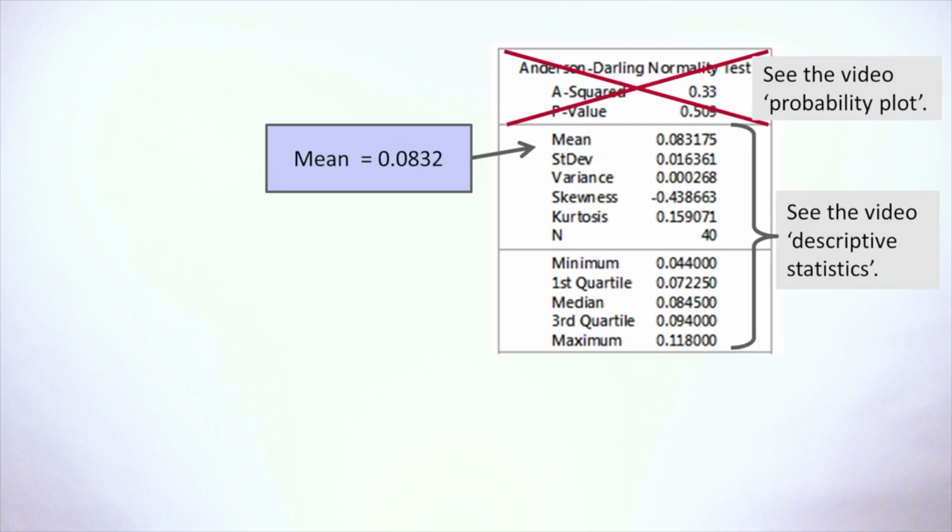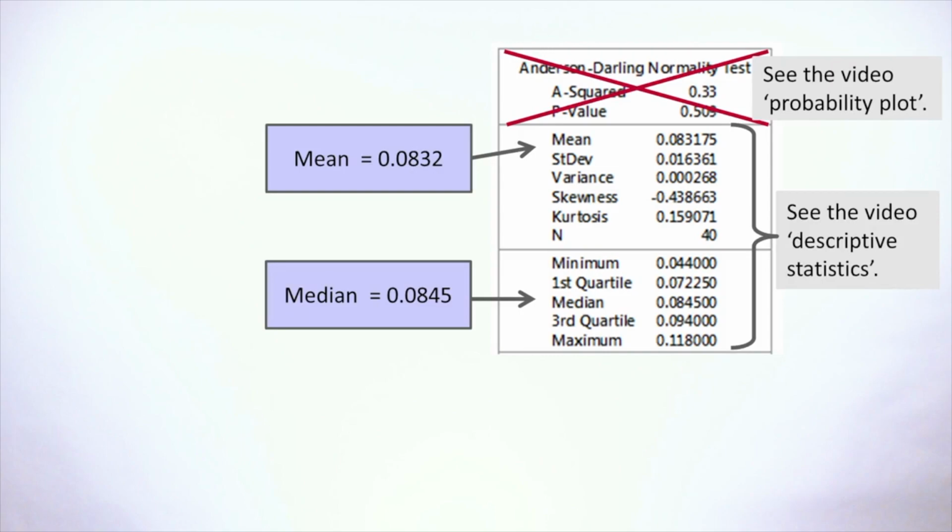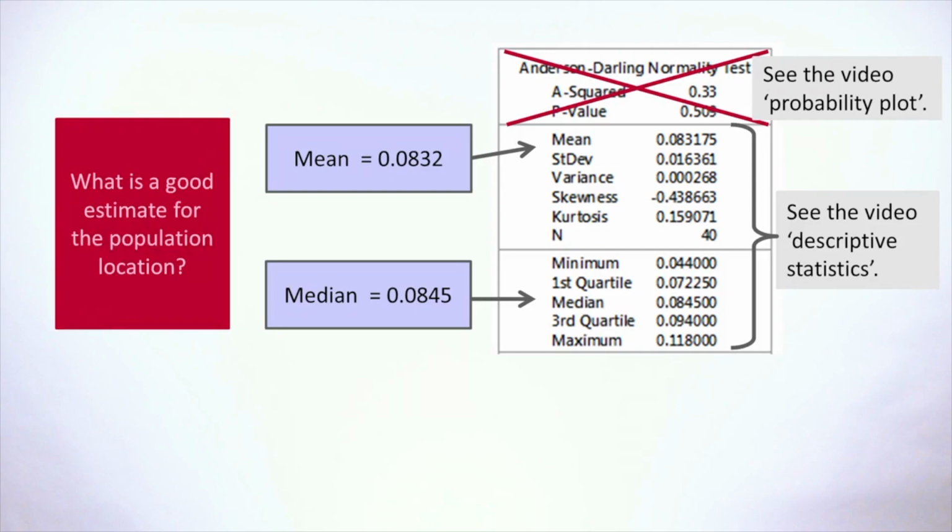Alternatively, we could also use the median as an estimate for the unknown location of the population of produced coffee. So, we can conclude that based on the sample, we expect the population to have a location of 0.0832, or should it be 0.0845? Which one is it? Before I answer that question, let's recap what we just discussed.